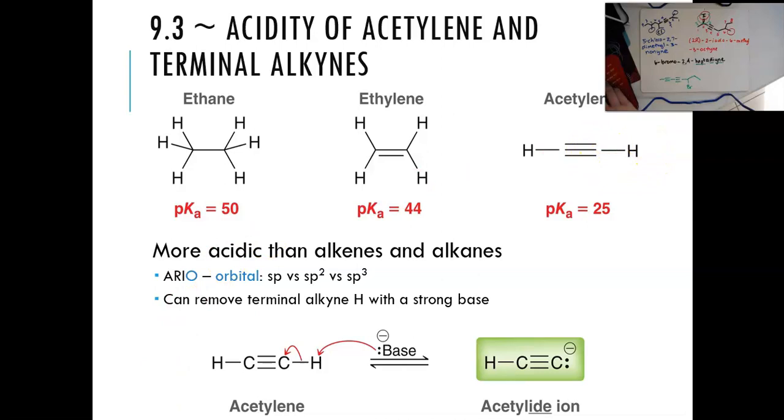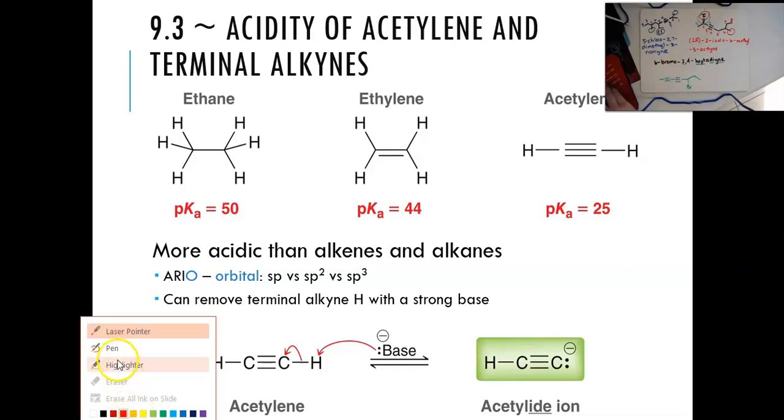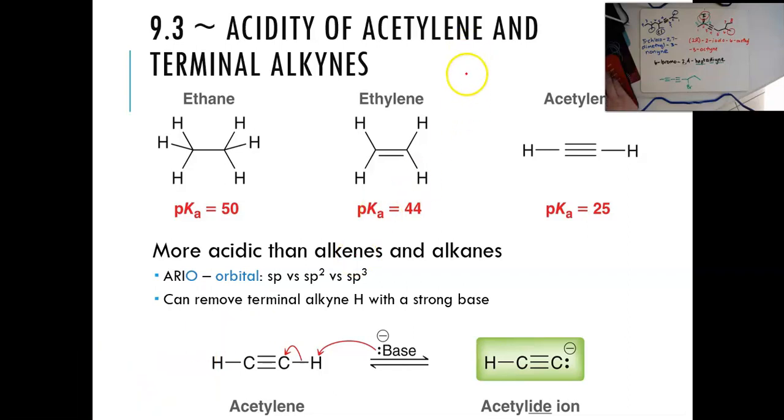So let me draw something for us here. If we have a structure that looks like this, so carbons coming off of each side, this is called an internal alkyne.